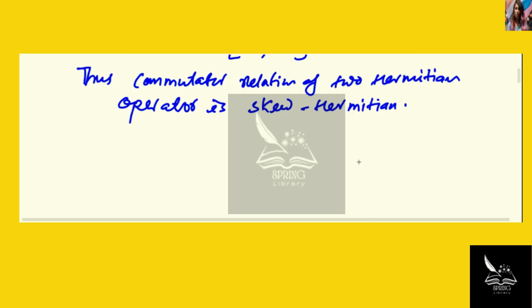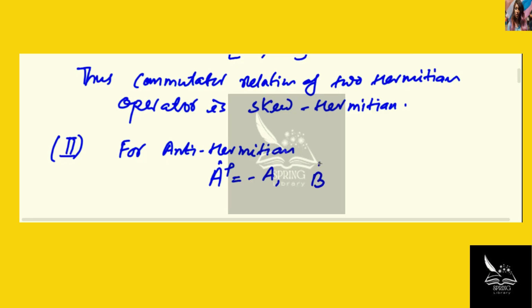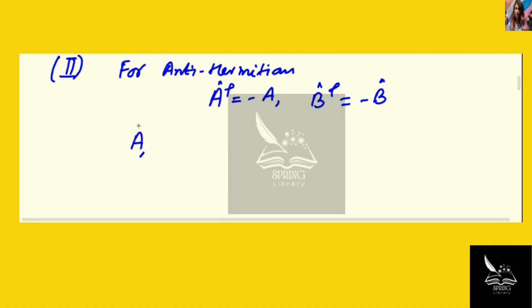Now we have to check how about the commutator of two anti-Hermitian operators. In case number 2, for anti-Hermitian operators, A dagger is equal to minus A and B dagger is equal to minus B. Let's do this again: the dagger of the commutator of A and B is AB dagger minus BA dagger.